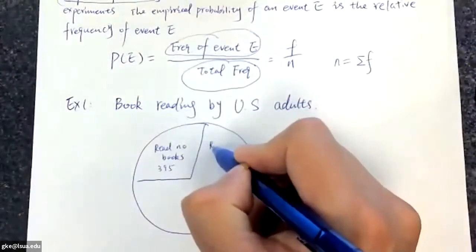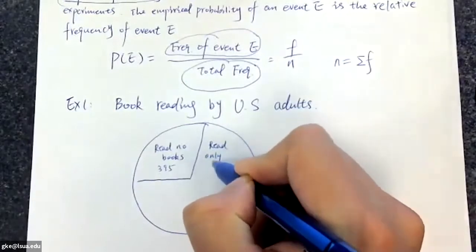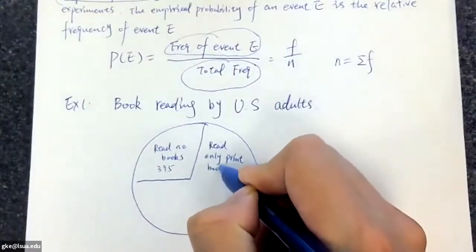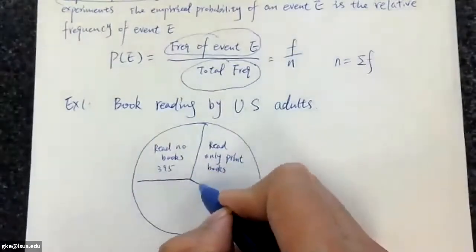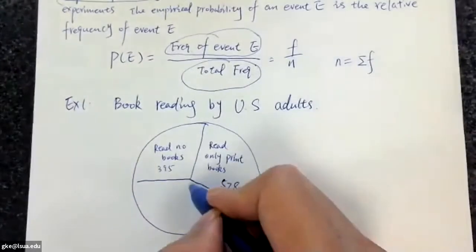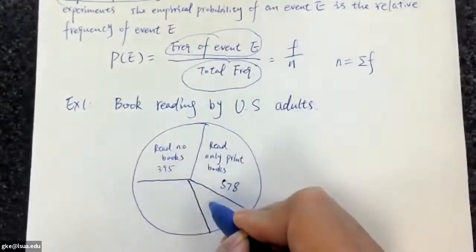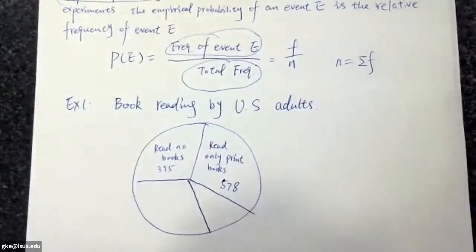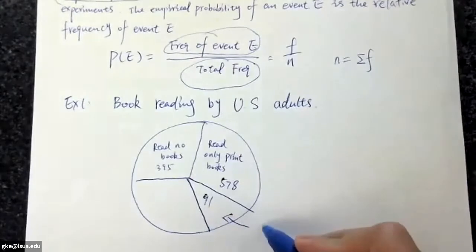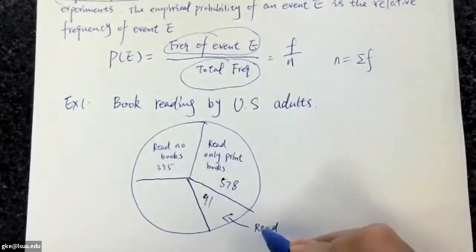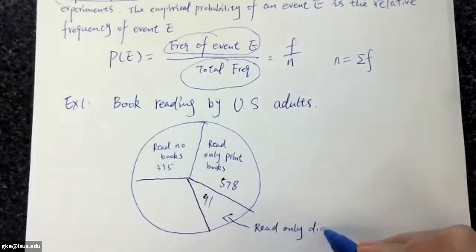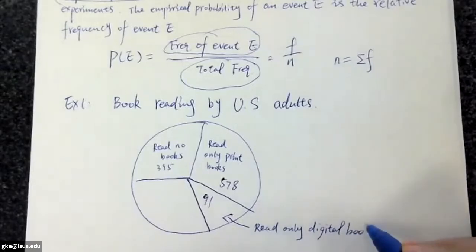Read only print books: 578. Read only digital books: 91.